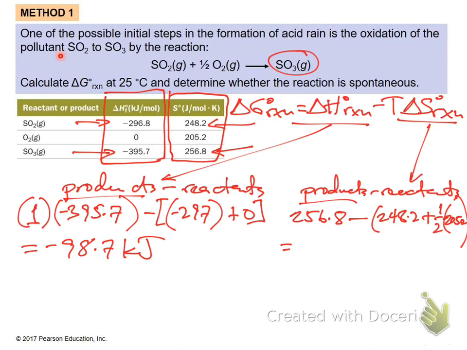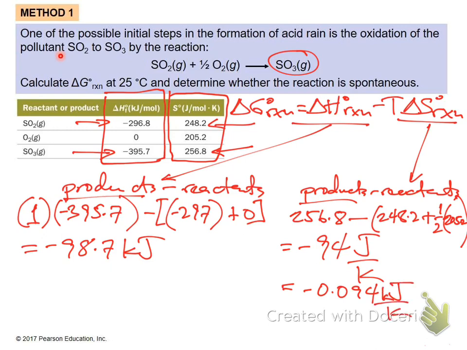And that gives us negative 94 joules per Kelvin. Notice that this is in joules and delta H of reaction is in kilojoules, so we can convert this to negative 0.094 kilojoules per Kelvin.